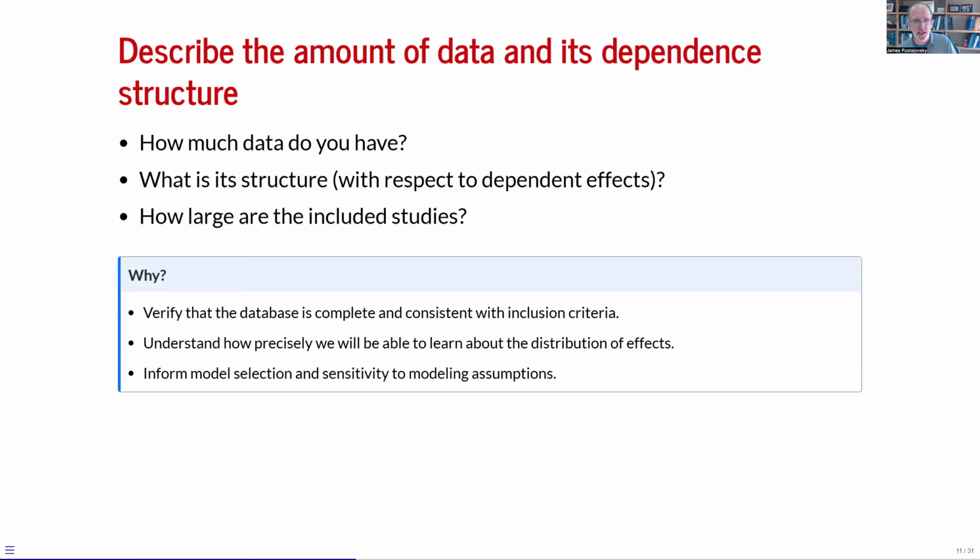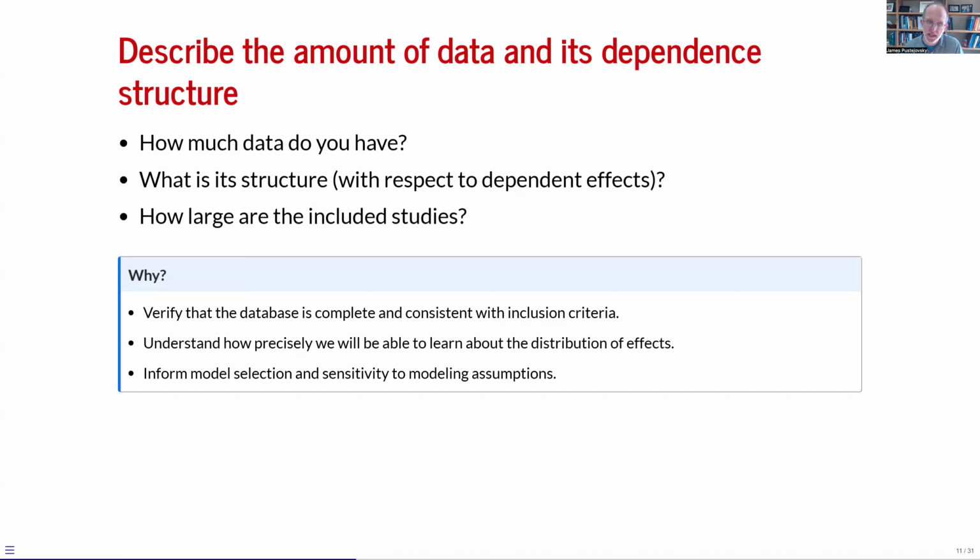Another is that understanding how much data you have and the structure of the data gives us a very hand-wavy initial sense of how precisely we're going to be able to learn about the distribution of effects. So more studies means more precise estimates.